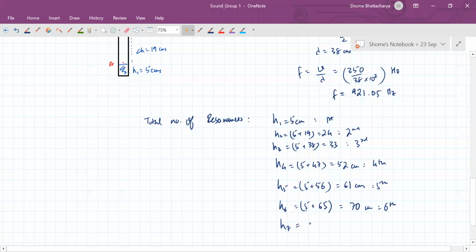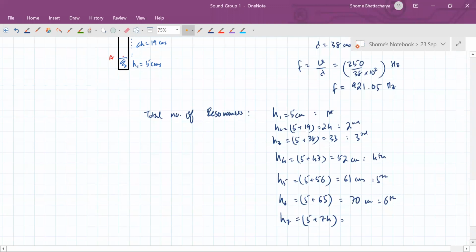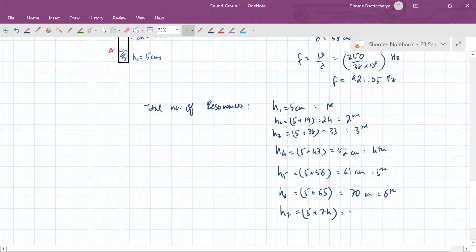Then the seventh one will occur at 5 plus 74. Oh, sorry. Yeah, I'm making some calculation mistakes here.